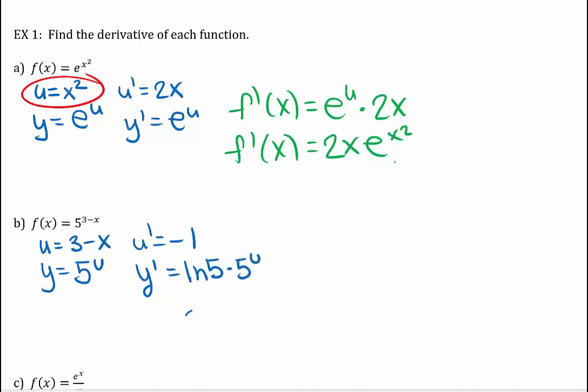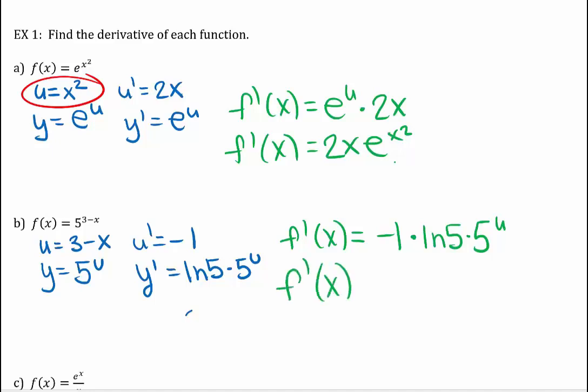Our chain rule says we take u prime times y prime. So I'm going to take negative 1 times ln 5 times 5 to the u. And then finally, I replace that u with the 3 minus x. And so my answer is going to be negative natural log of 5 times 5 to the 3 minus x.